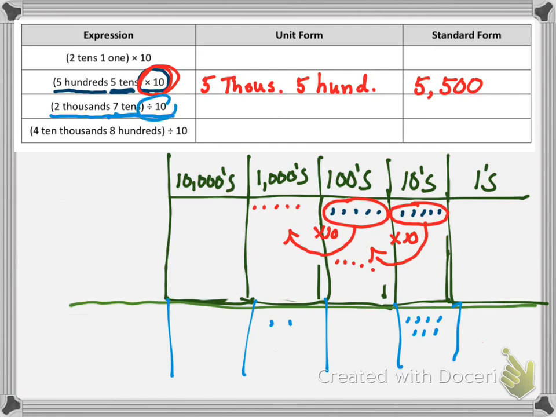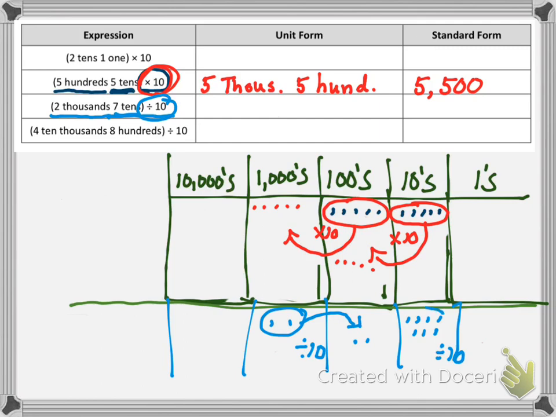Now we're dividing it by 10. Now when we multiplied by 10, we went to the left. Because we're dividing by 10, we're going to go to the right. So we divide this one by 10, and this one becomes no more 2 thousands. It's going to go into the hundreds. 2 hundreds. This one, we're dividing by 10.